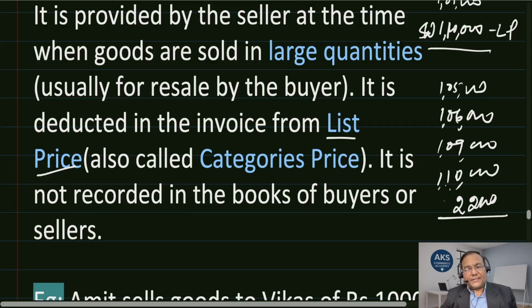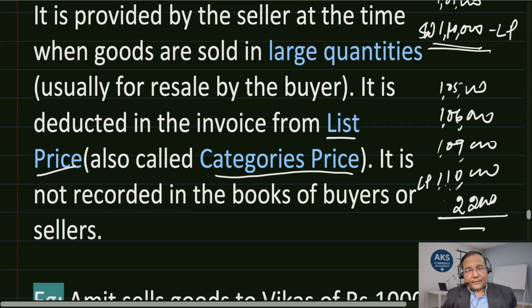So in the invoice, the list price will be given. Let's say 1,10,000 is the list price, but there is a discount of 2%. So 2,200 will be deducted from the list price, and then the one who is bulk buying can buy it at 1,10,000 less 2,200. The list price is also called the catalogue price.